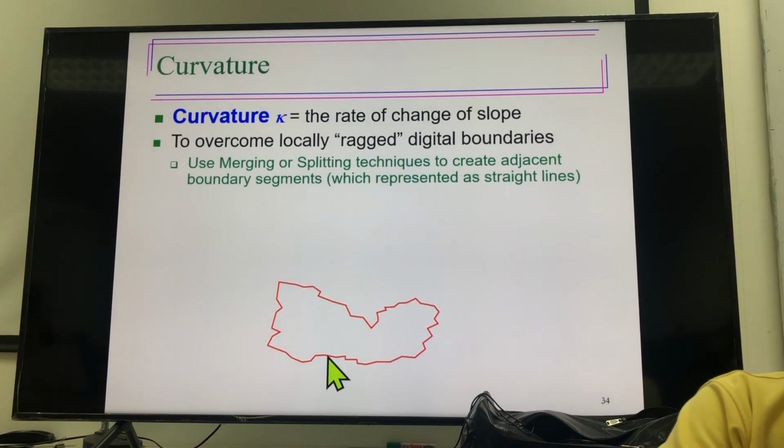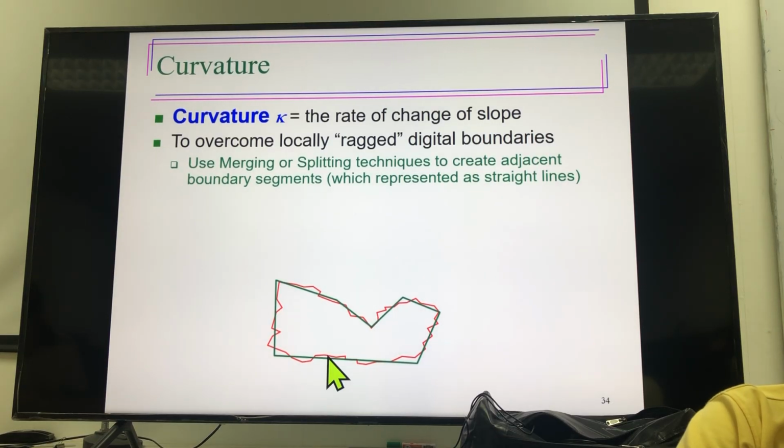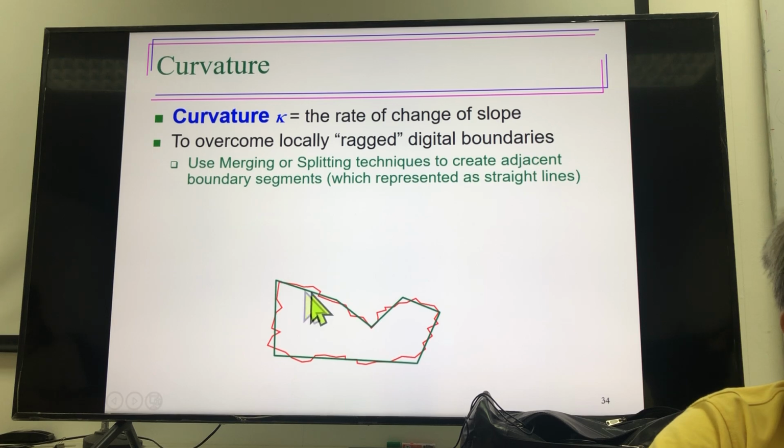Basically, it could be represented by the merging technique or the splitting technique. We just learned the merging or the splitting technique. So we represent the boundary by a polygon.